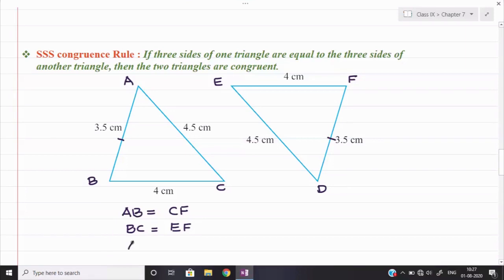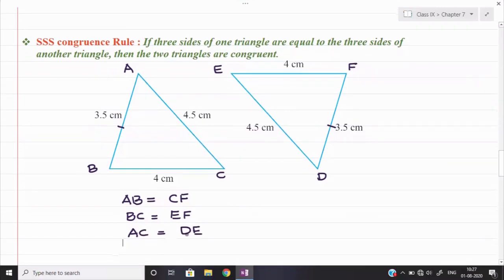So AC and DE are given equal to us. So see, these three pairs of corresponding sides are given equal to us. Actually, it is not looking corresponding because the figure is not made properly. If I make the vertex D at the top and E and F at the downside, you will observe the corresponding sides are given equal to us.